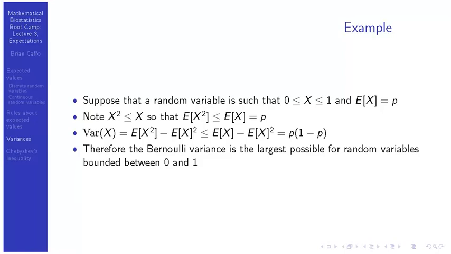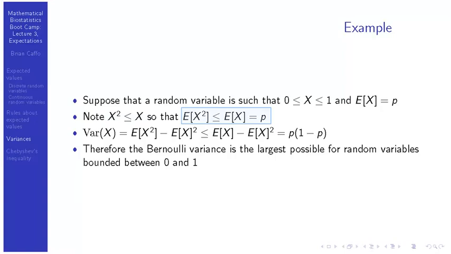Suppose that you have any random variable, like a uniform random variable, that's between 0 and 1, and its expected value is P. Since the variable takes values between 0 and 1, P has to be a number between 0 and 1. And notice if X is a random variable between 0 and 1, X squared has to be less than or equal to X, because if you take any number between 0 and 1 and square it, you get a smaller number.